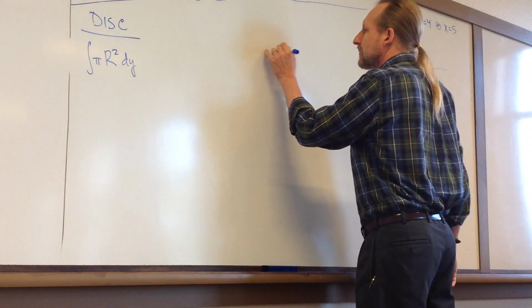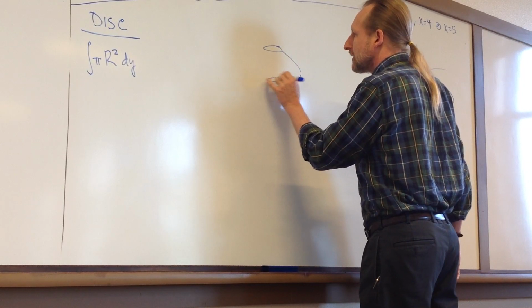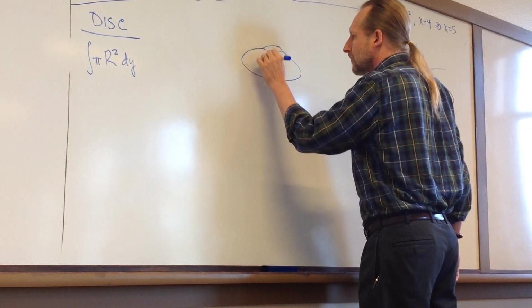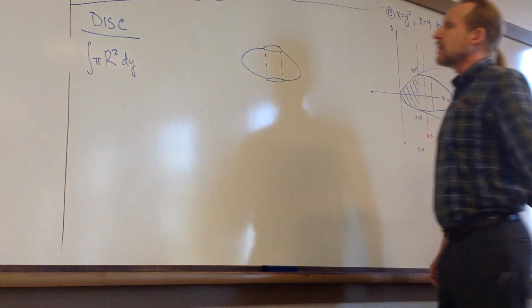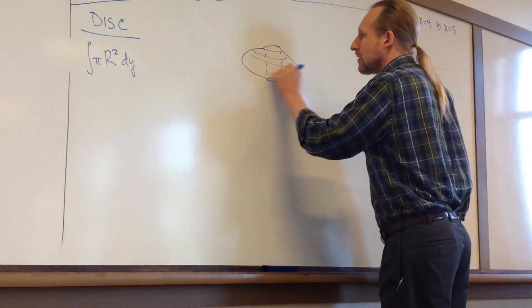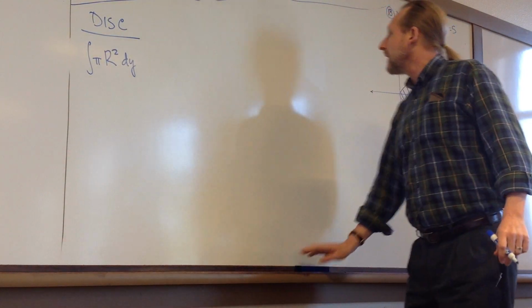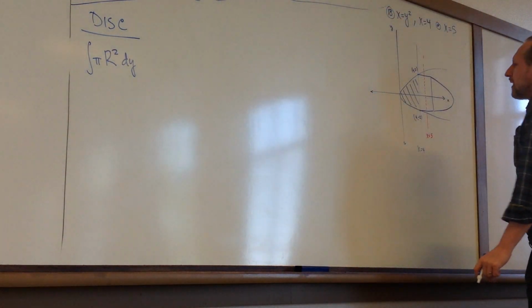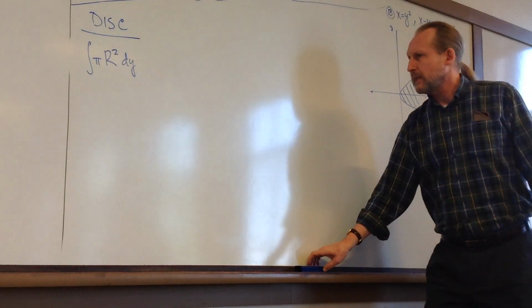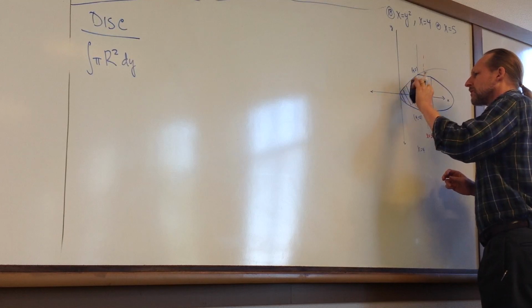We're going to get something that kind of looks like this, with this hole in the middle of it. Okay, so that's what we're working with. Let's erase my hash marks.